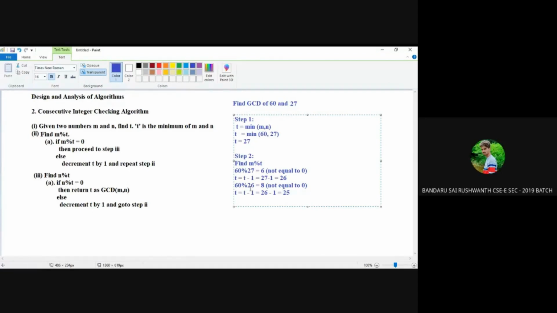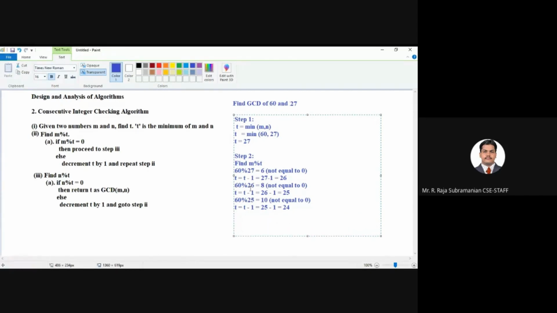Again 60 mod 25. Write it at least 3 times and then move on. Next is 20. Yes, I'll go to 24 now. Even 24 will not divide 60 evenly. So I can keep some dot dot dot over here.